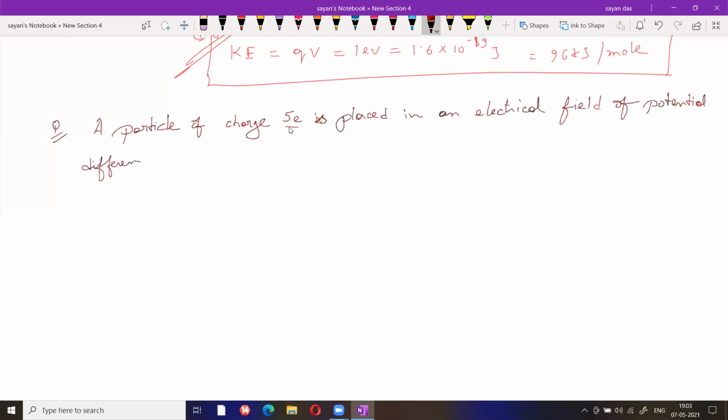That means Q value is given as 5e, and V is given as 20 volt. Then calculate the kinetic energy.